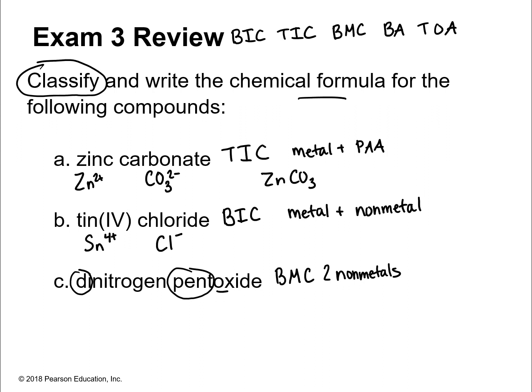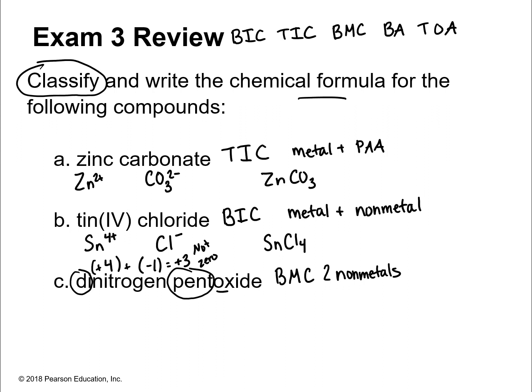If I took one of these tin ions and one chloride ion, that's not 0. So I've got to do my swapping trick. And I end up with SnCl4.